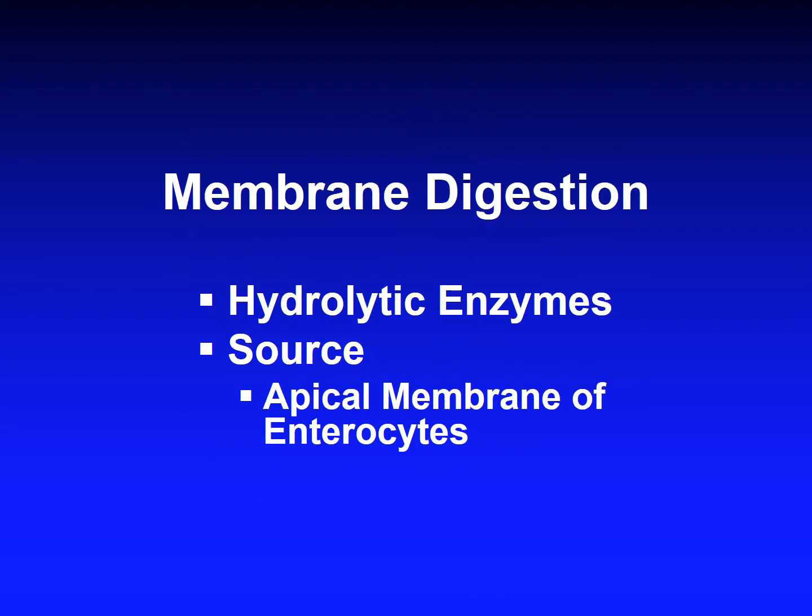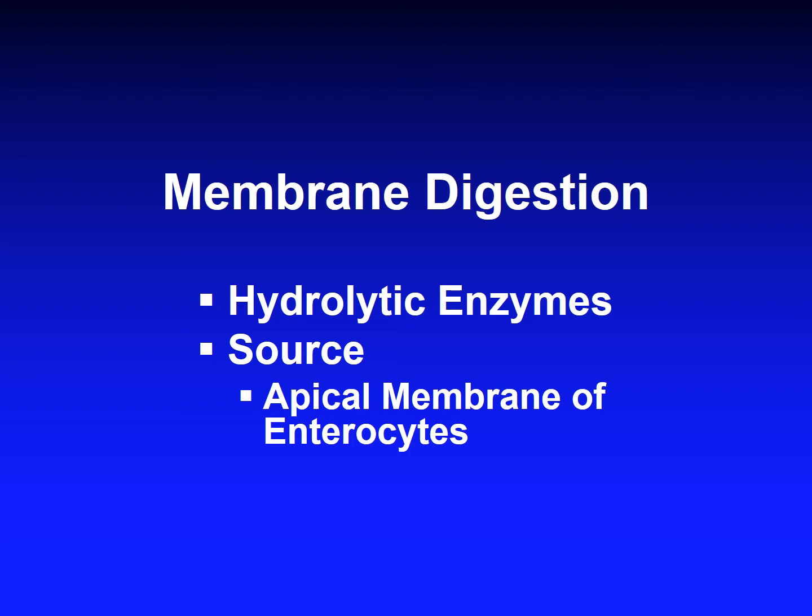Now the membrane digestion. The membrane digestion basically occurs by enzymatic or hydrolytic enzymes. Hydrolytic enzymes are enzymes that hydrolyze the nutrients, make them water soluble. All of these enzymes, the membrane enzymes, are bound to the apical membrane of the enterocyte.